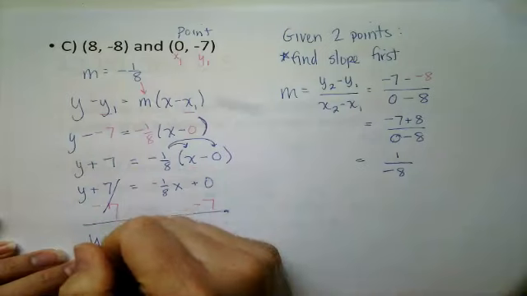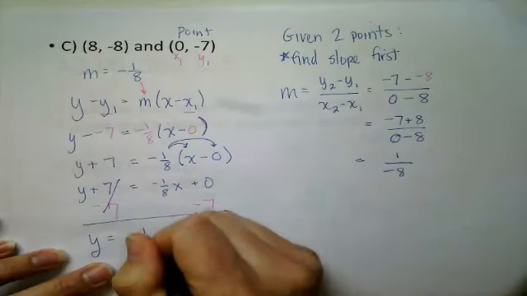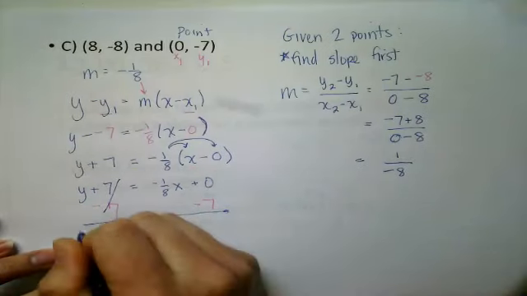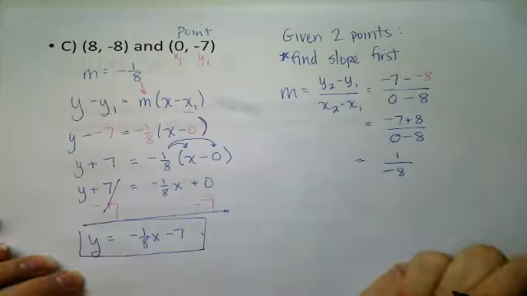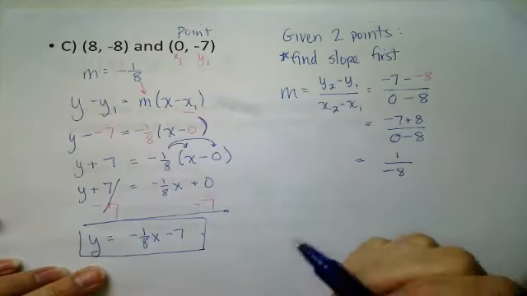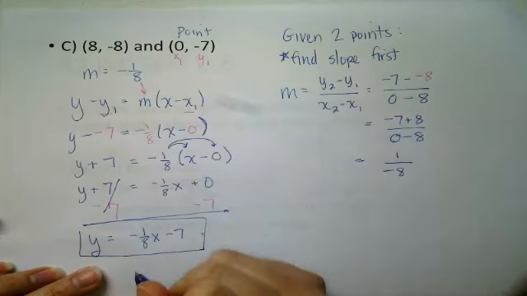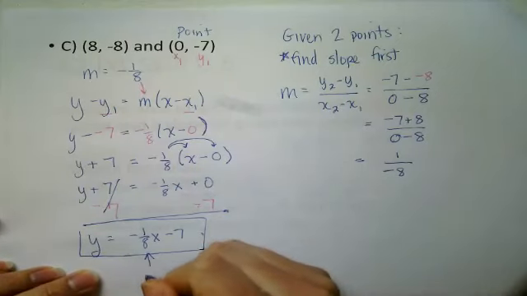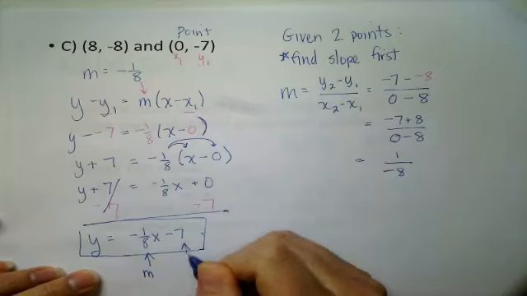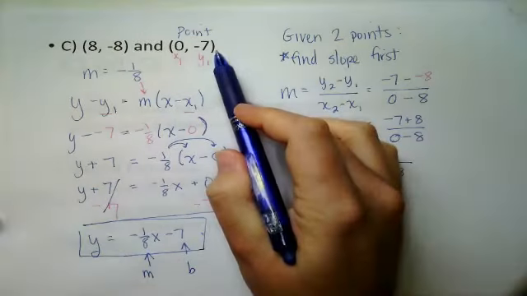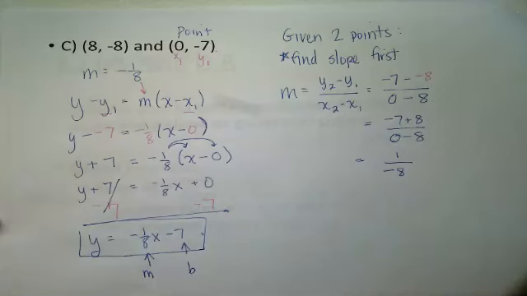That goes away so that we get y all by itself equals negative 1/8 x. 0 minus 7 is negative 7. So this is your equation we could type into IXL. And you'll notice that it is now in slope-intercept form, where this is the m and the b, which is also known as the y-intercept, where it crosses the y-axis.